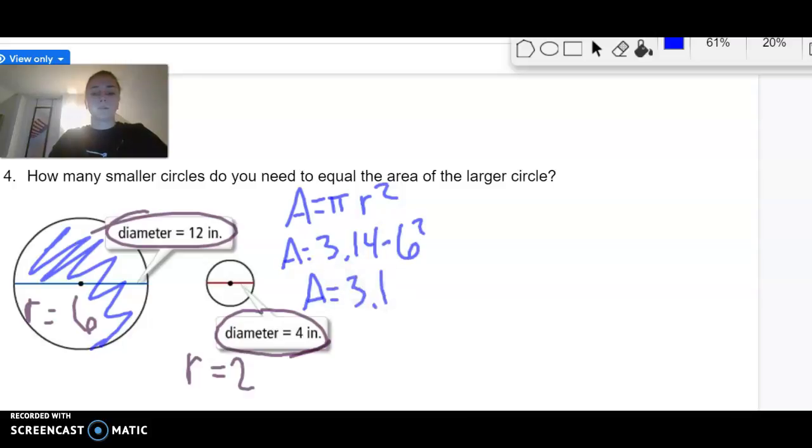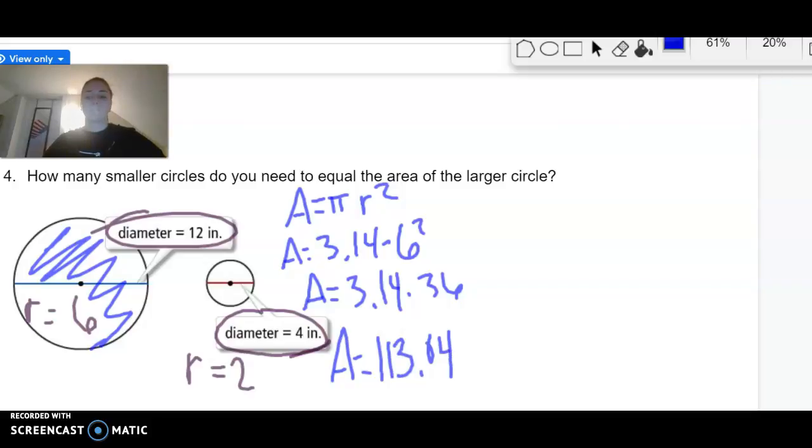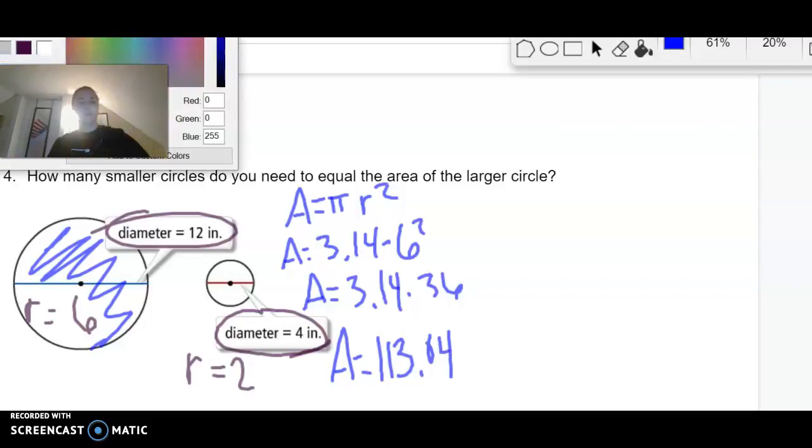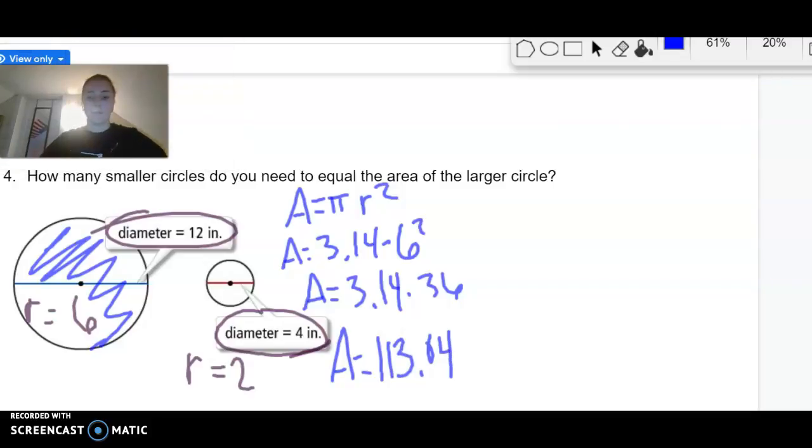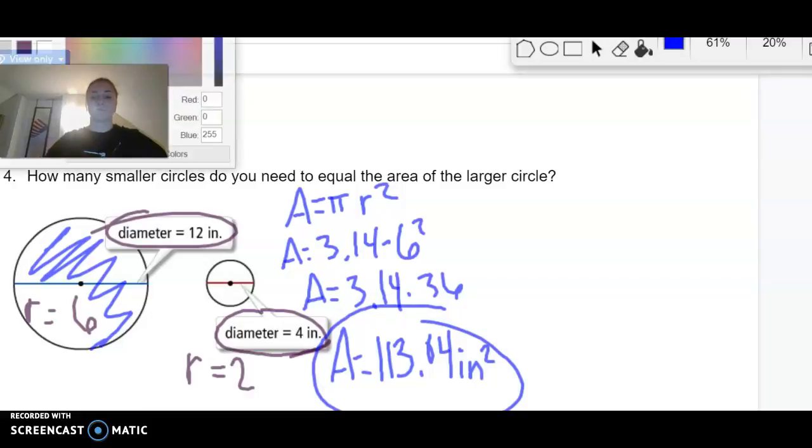We do 6 squared. 6 times 6 gives us 36. When we multiply 3.14 times 36, we get 113.04. Okay, so that is our area, inches squared, for our larger circle.